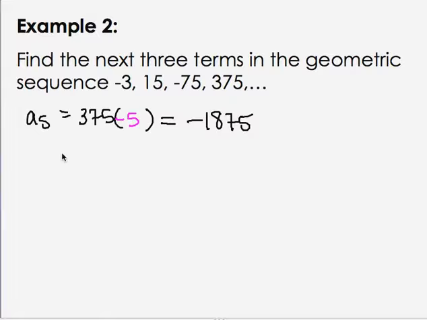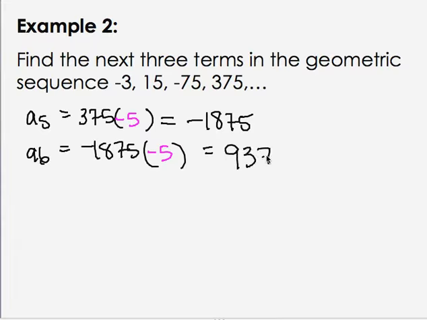I'm going to do the same thing for a sub 6. So now I start with -1875, and I'm going to multiply that guy by the common ratio, which is -5, and I'm going to get a rather large number. 1875 times -5, that's going to give us 9,375.